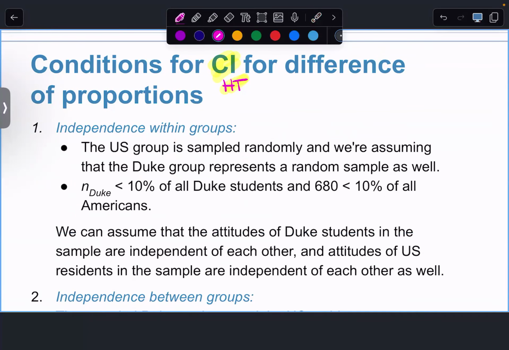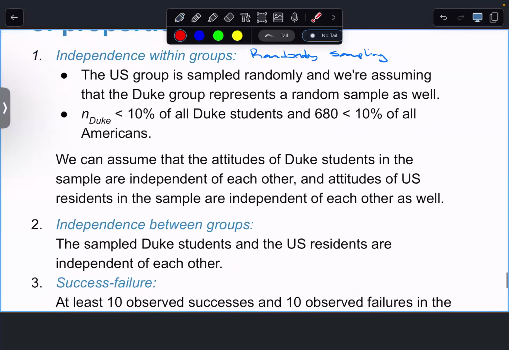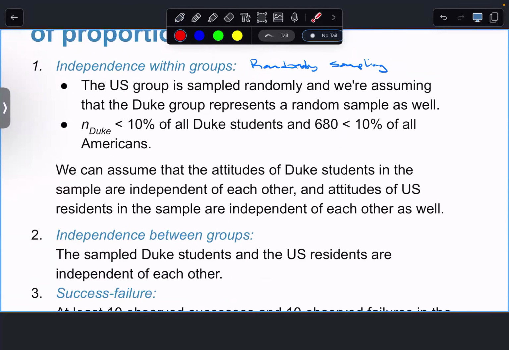Okay, and so this is done by randomly sampling. So we're going to have within the groups, but also between the groups. These groups have to be independent of each other, right? And so usually that's a reasonable assumption to make.